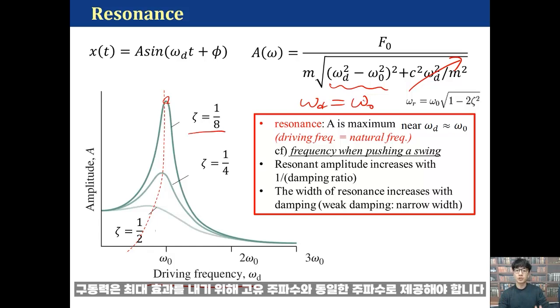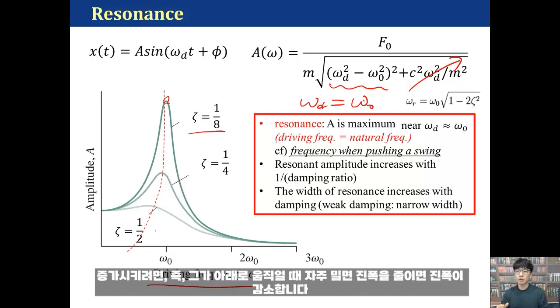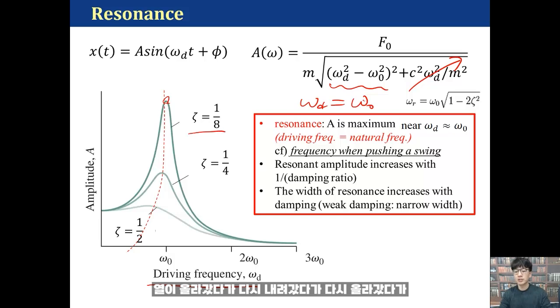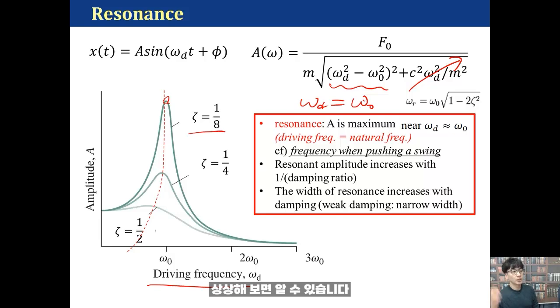Your driving force should have the same frequency as the natural frequency to give the maximum effect. If you push when he moves down, it will decrease the amplitude. You have to give the force when he goes up, goes back, and then starts moving. So you have to give the force with the same frequency as the natural frequency of the system to generate this resonance. That's very obvious if you imagine.